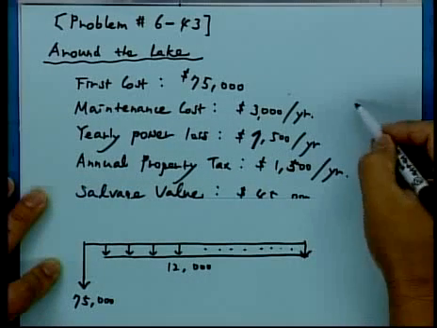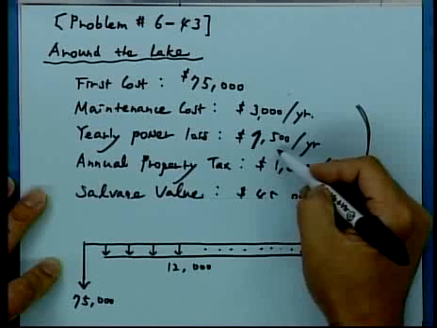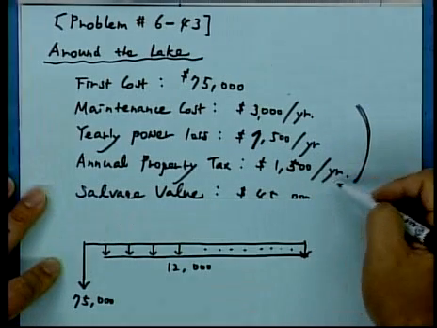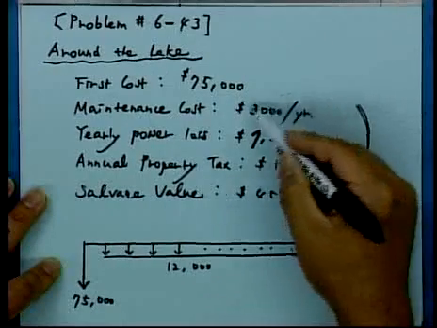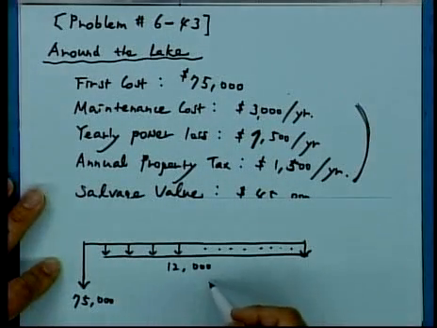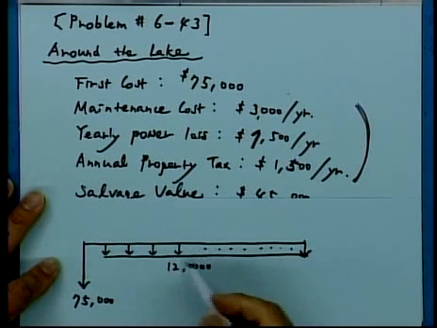If you combine all these three numbers, $3,000 per year plus $7,500 per year plus $1,500 per year, it becomes $12,000. Okay? That is going to be the annual cost.